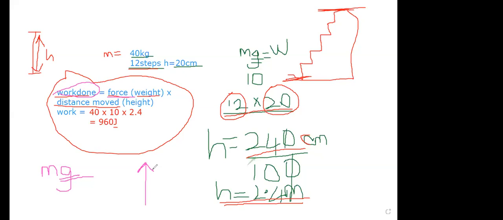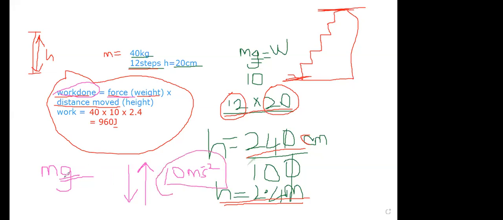That force changes the speed of that stone at a rate of 10 meters per second squared. That means as the stone comes down, the change in its velocity is 10 meters per second in every second, 10 meters per second squared.